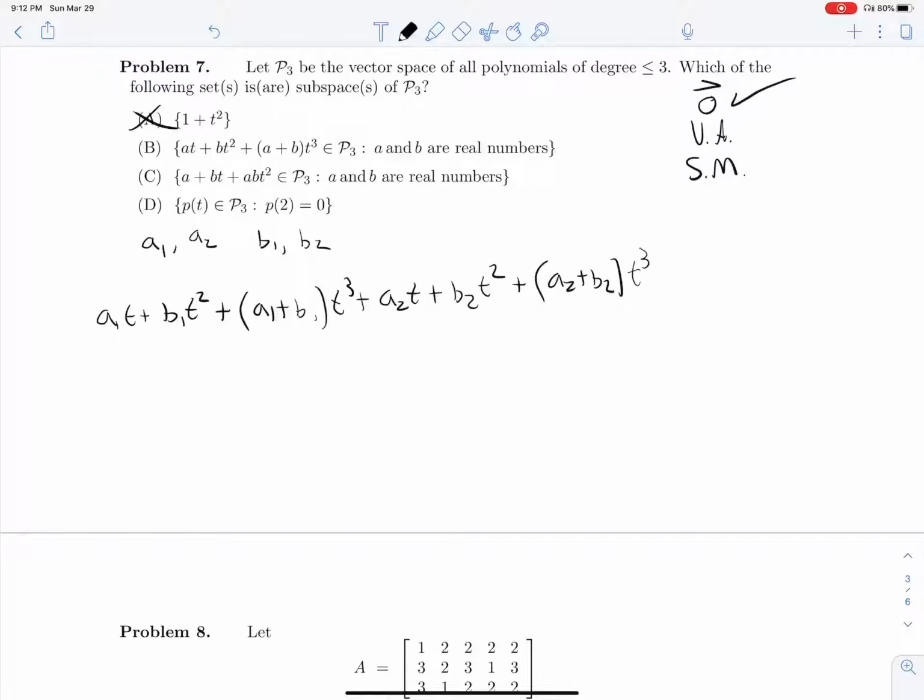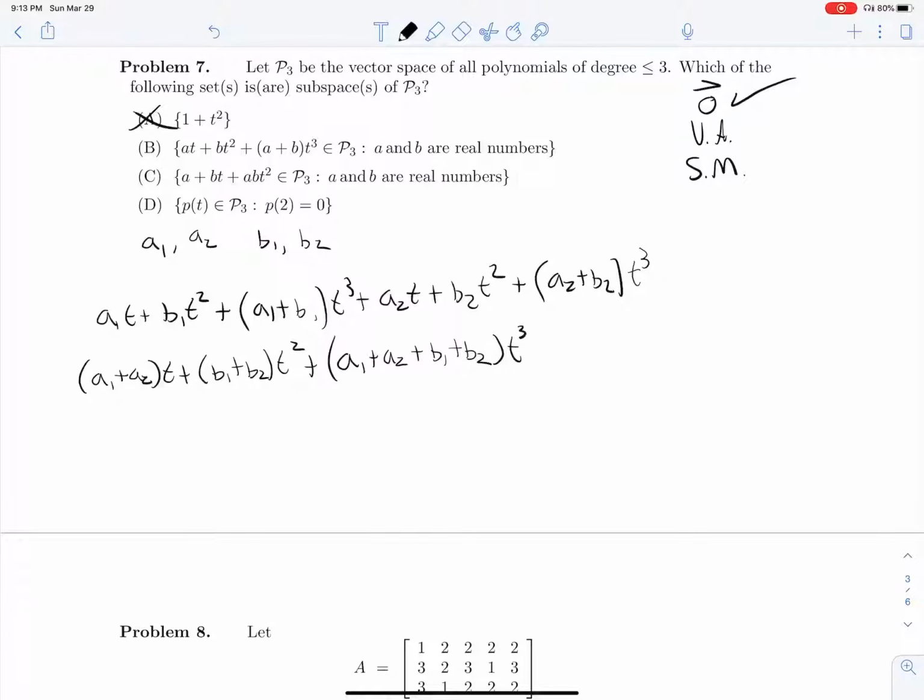And we're going to see if this is of the same form as the original vectors that we started off with. And so adding these, we're going to get A1 plus A2 t plus B1 plus B2 t squared plus A1 plus A2 plus B1 plus B2 t cubed.